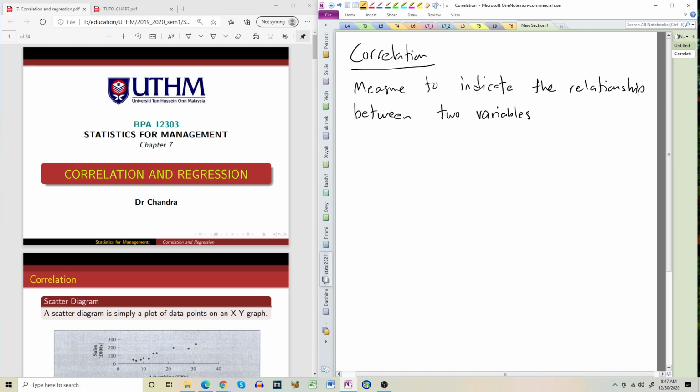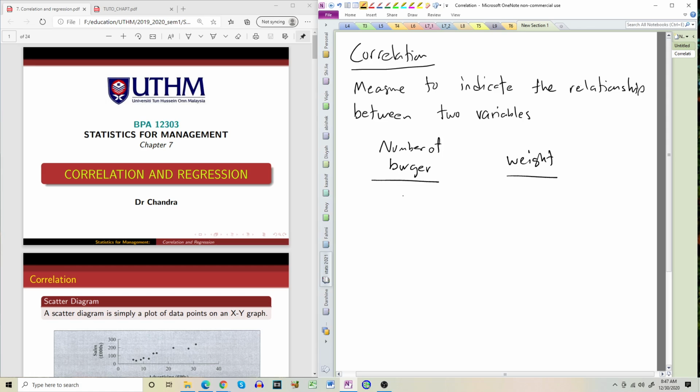How we're going to do the process of correlation is by measuring a number to indicate the relationship between the two variables. Now let's say for example, you have the number of burgers eaten by somebody and their weight.